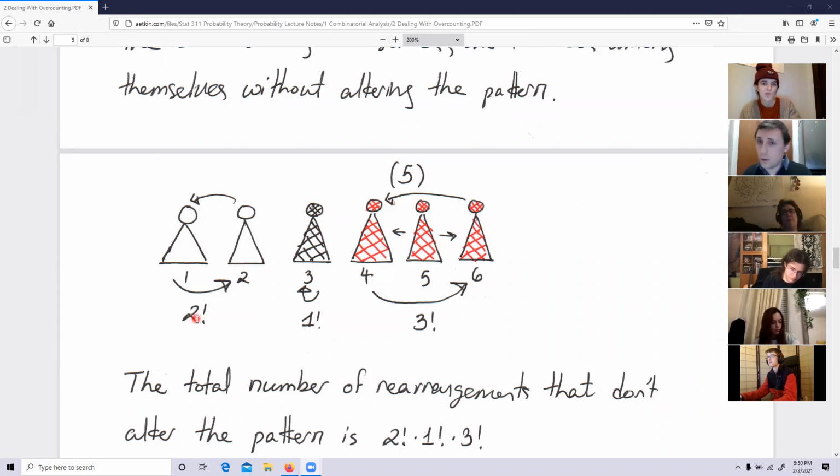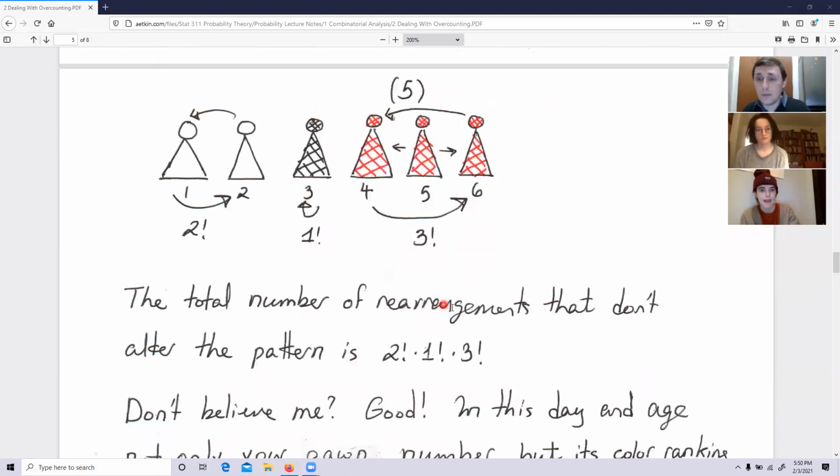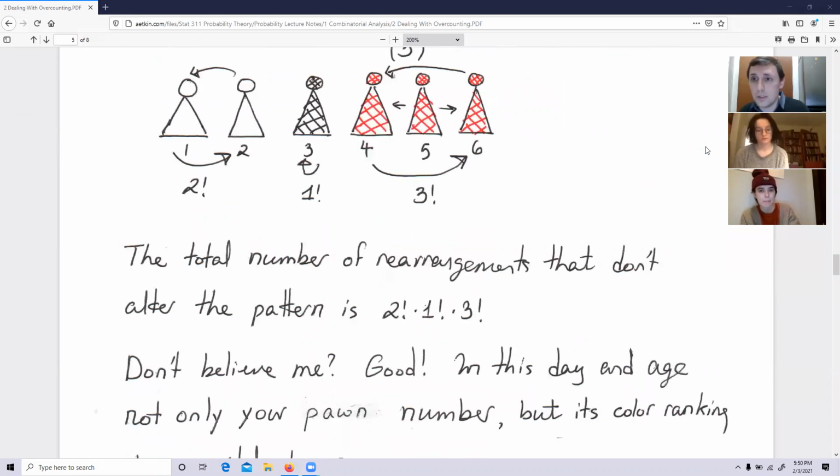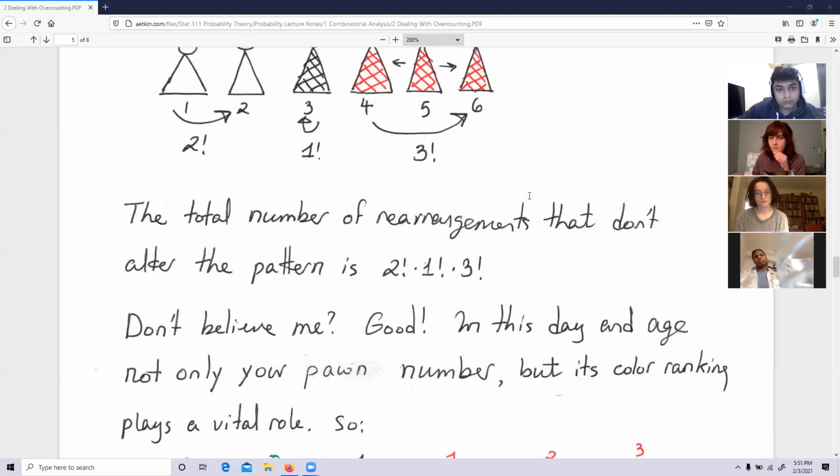So there are 2 factorial rearrangements of whites, 1 factorial rearrangement of the blacks, and 3 factorial rearrangements of all of the reds. Good. So you see that there are 2 factorial times 1 factorial times 3 factorial synonyms for this pattern, for white, white, black, red, red, red.